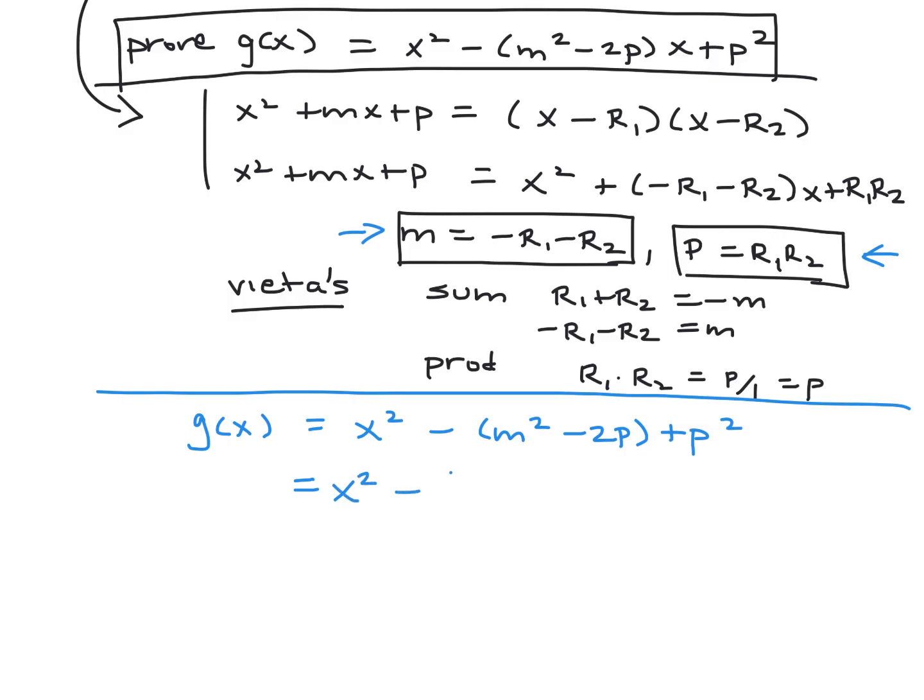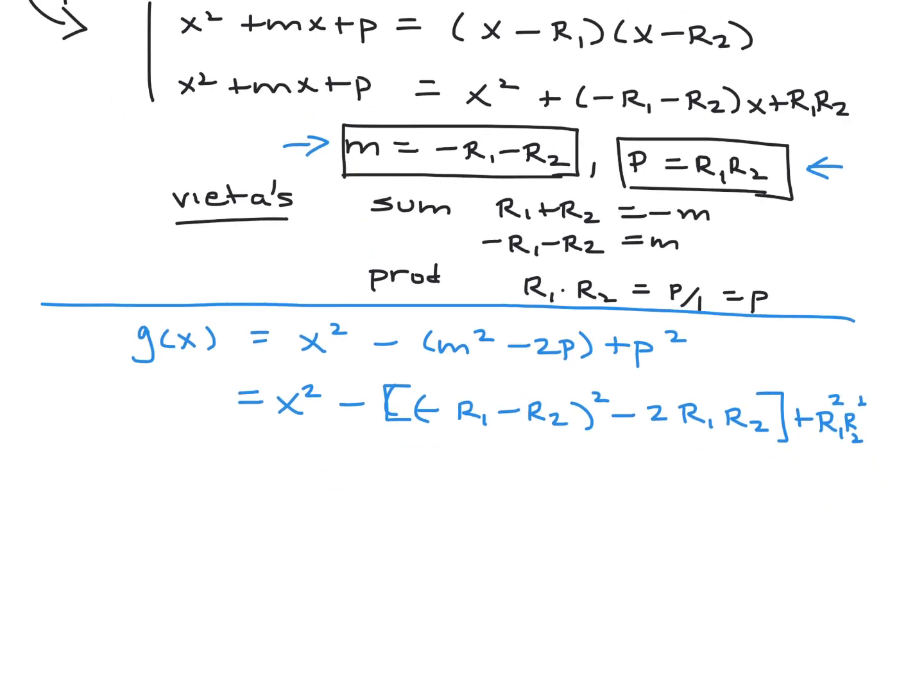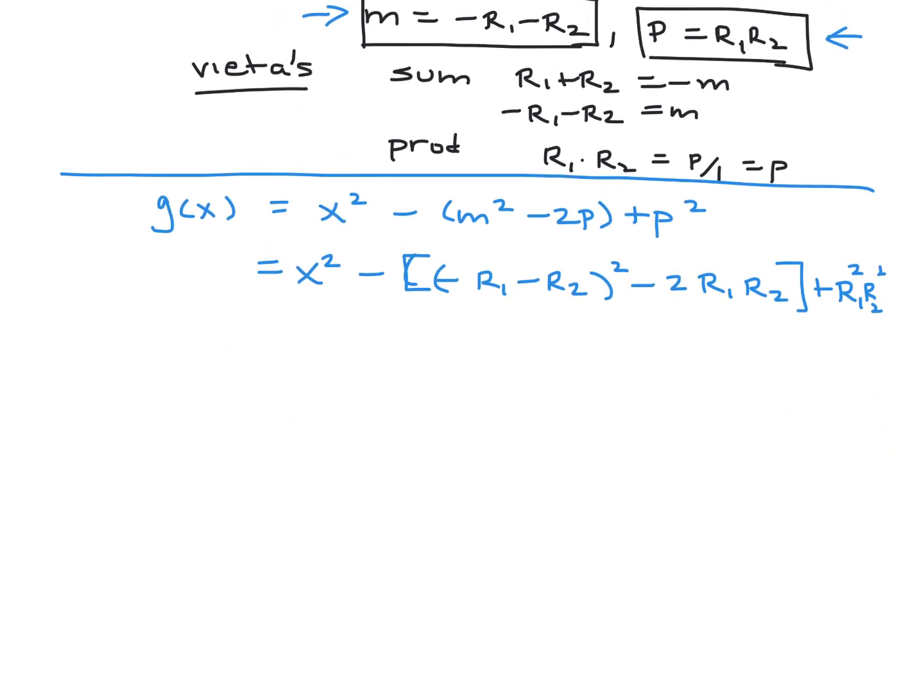So x squared minus, m is minus r1 minus r2, all squared, minus 2, and then p is r1 times r2, and then plus p squared, so r1 squared r2 squared. Okay. Yeah, I think that's right. Yeah, I think that's fine.